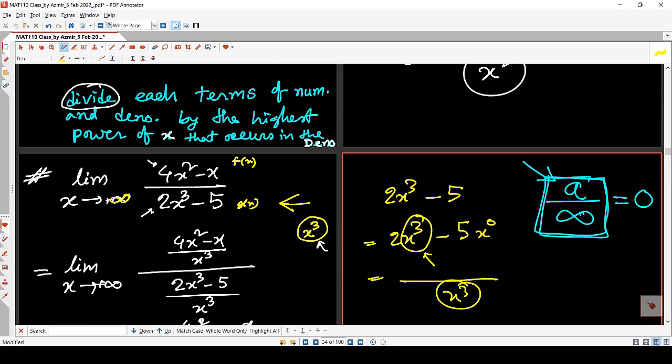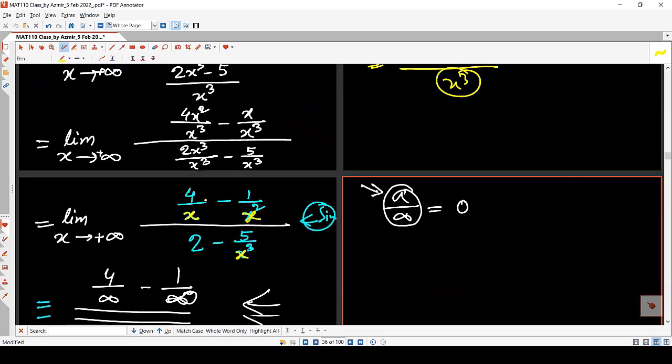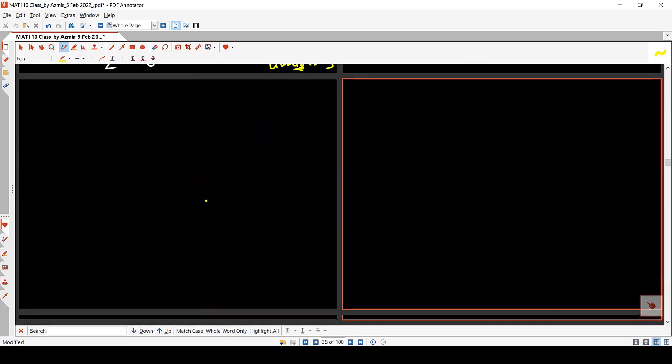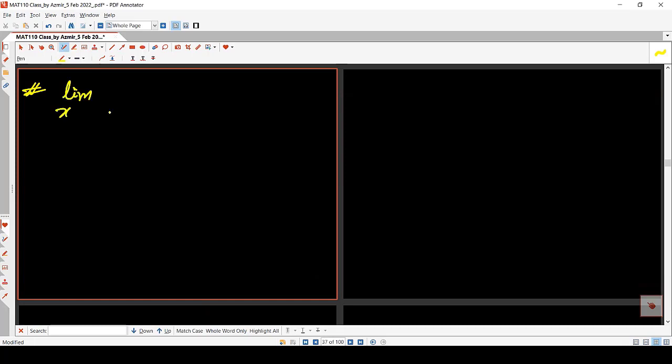Here we have applied x cubed in the division part because we have a polynomial function. But suppose we have a logarithmic function, we can still apply the same technique. Suppose we have to compute limit x tends to plus infinity of natural log of x plus 1 divided by x.